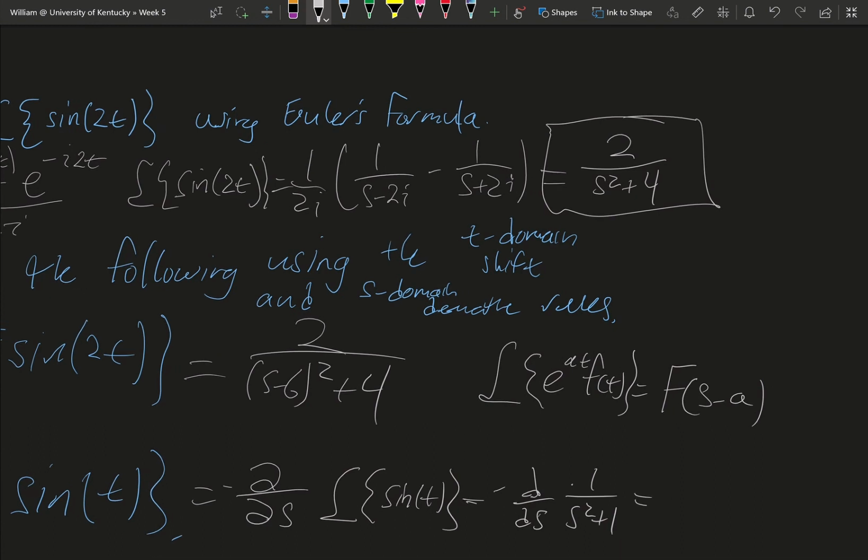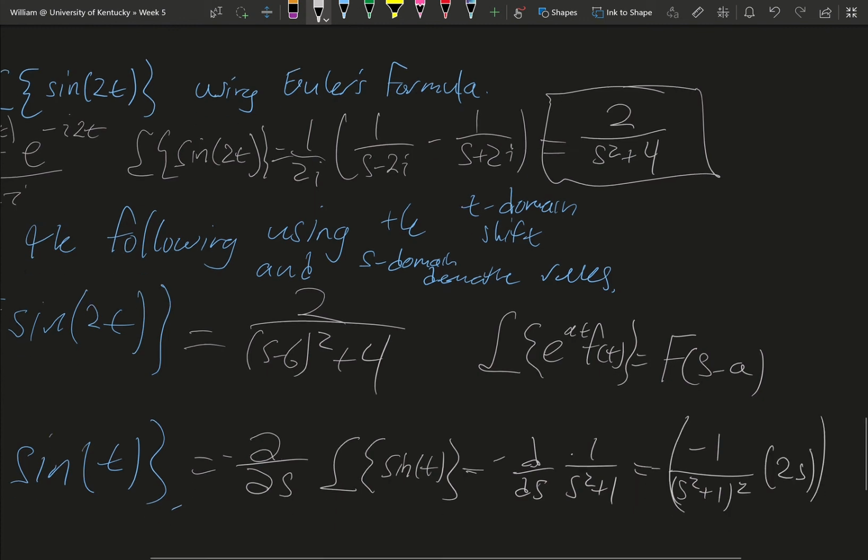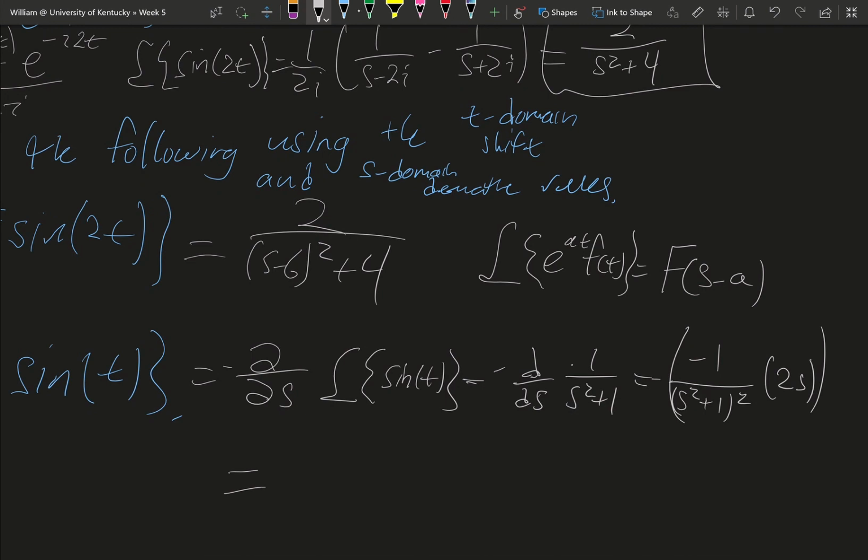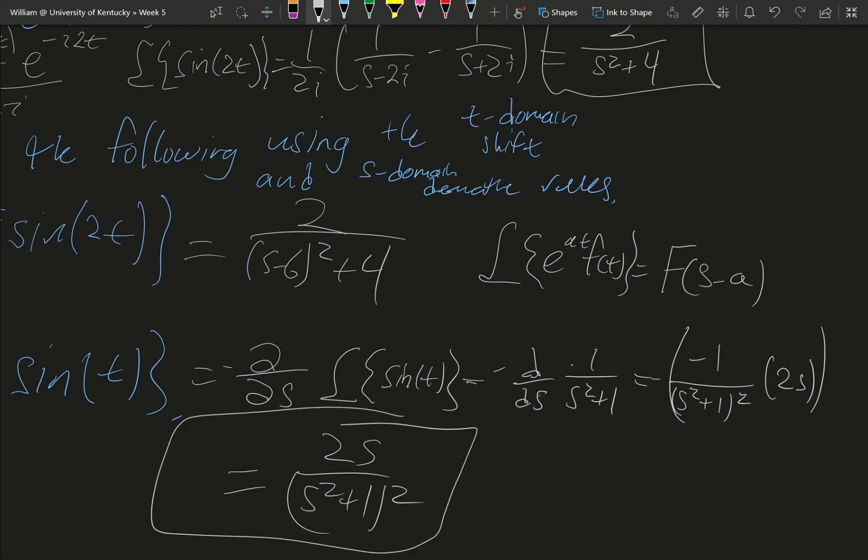Taking the derivative of that is going to be negative 1 over s squared plus 1 squared times 2s. And so we'll get as our answer 2s over s squared plus 1 squared. All right. And I will stop it there.